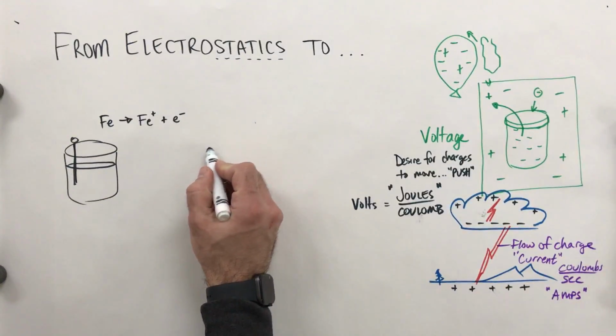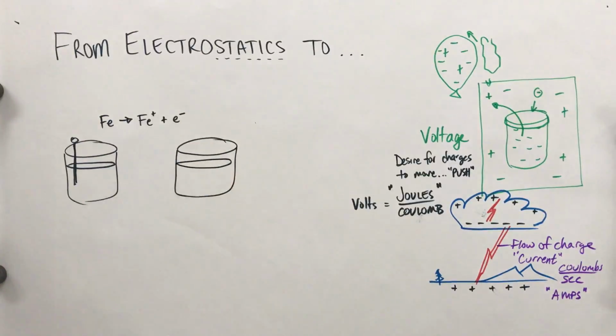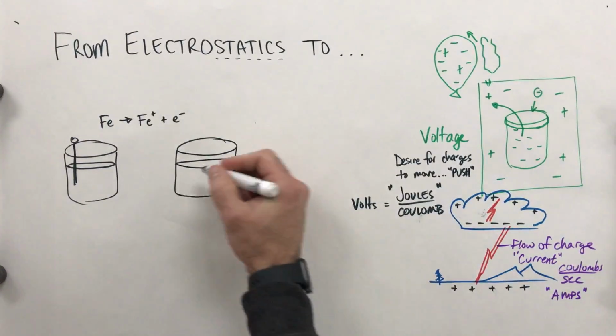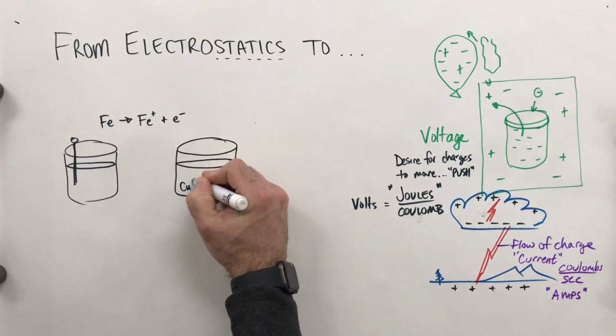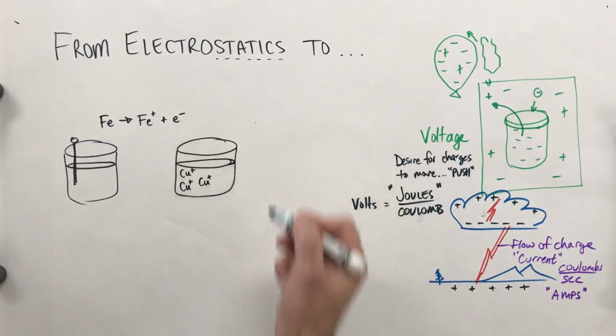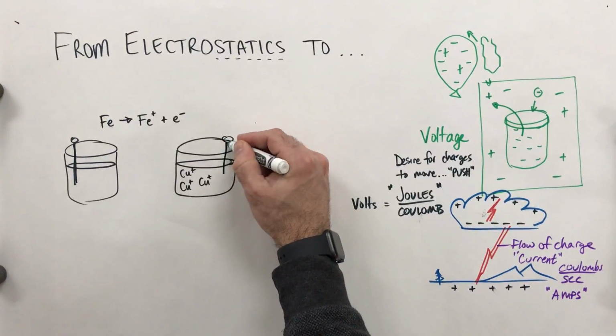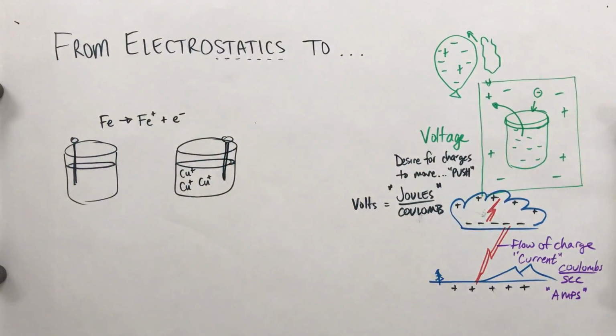Well, what if we put a different reaction near it? In this solution, we're going to say that we have copper ions due to putting some sort of copper powder in there, right? And then we have another metal probe in here, okay?